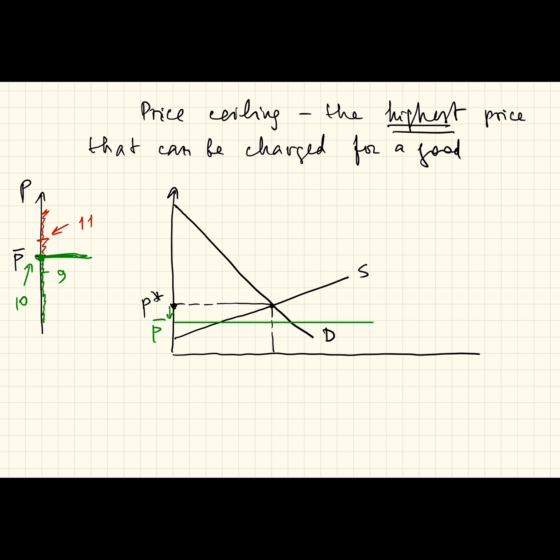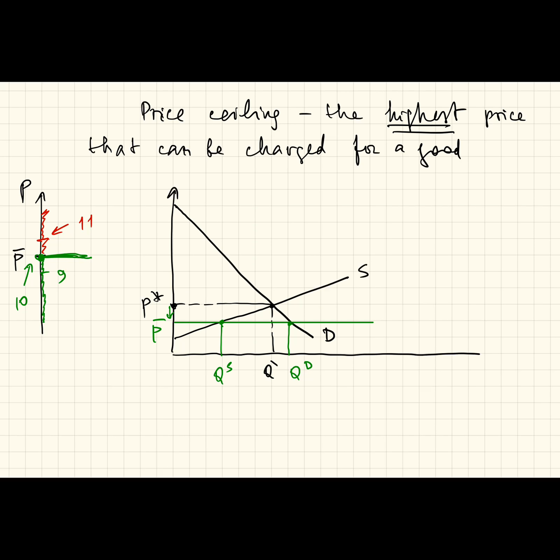First of all, there will be a mismatch between quantity supplied and quantity demanded. Because this price, which is lower than the equilibrium price, will reduce quantity supplied. It will discourage producers, because producers do not like low prices, but it will encourage consumers, so they will be demanding more.